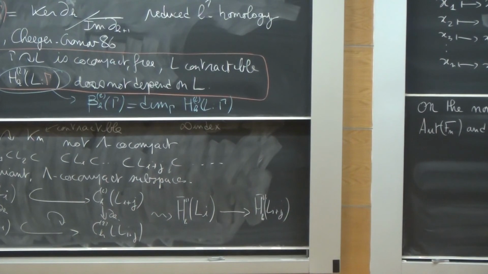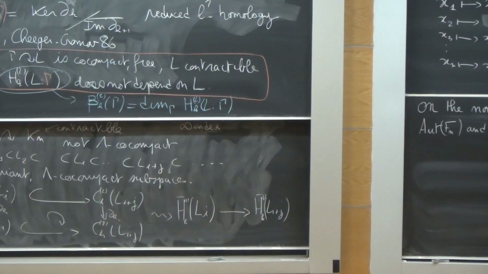Now look, if I have a subgroup lambda for which I know that the L2 homology is not 0 in top dimension, this means that for a large enough i, this is non-zero. And since this is a sequence of inclusions, this is non-zero.